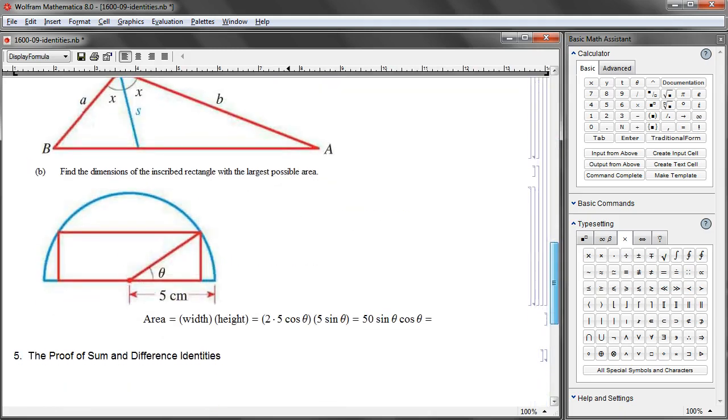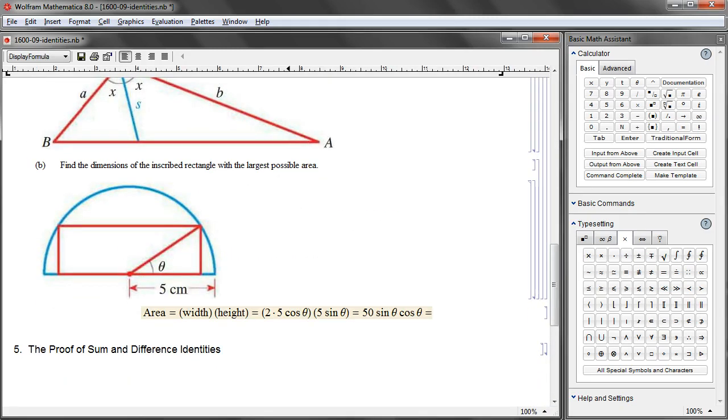We have 25 sine of 2 theta. And that is the area expressed in terms of theta. Why will this help? Well, my question here is, when does the sine function reach the maximum? Sine function reaches the maximum at theta. The angle is, okay, I'll stop here.